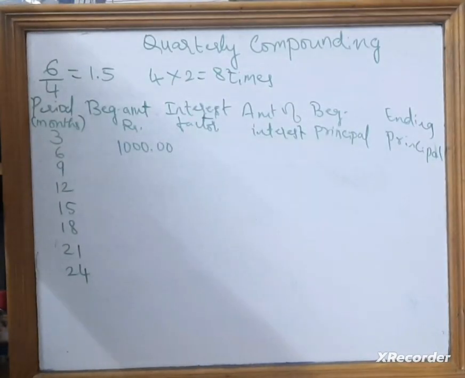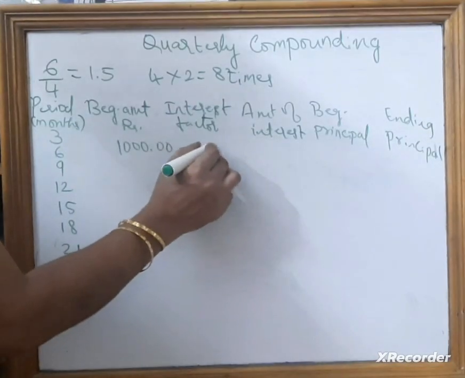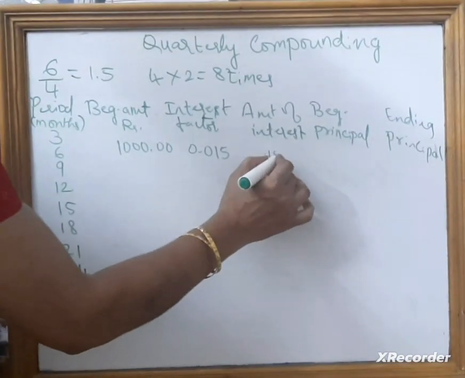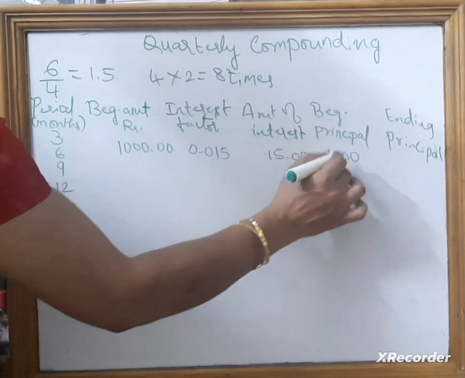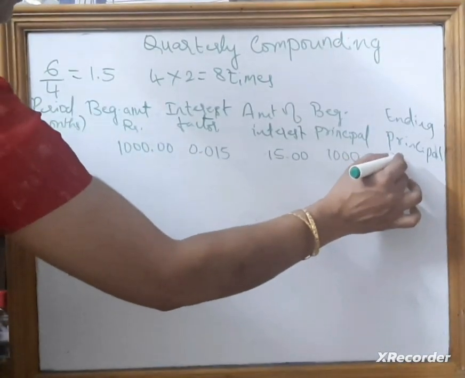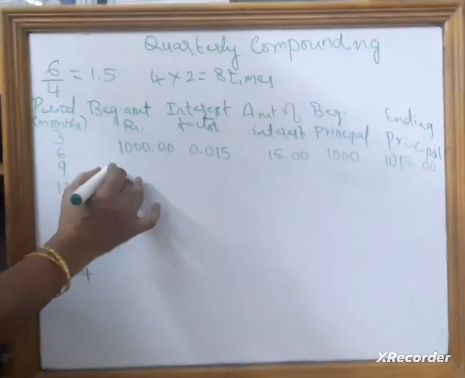Interest factor 0.015. That is, the rate of interest is 1.5%. So the amount of interest will be 15. Beginning principal was 1000. Ending principal will be 1015.